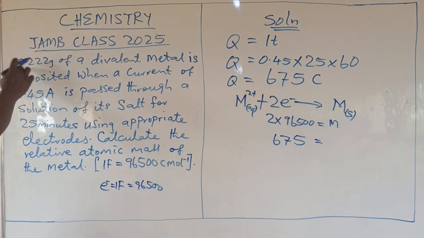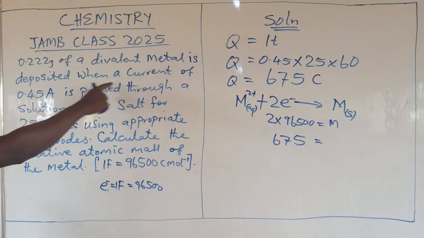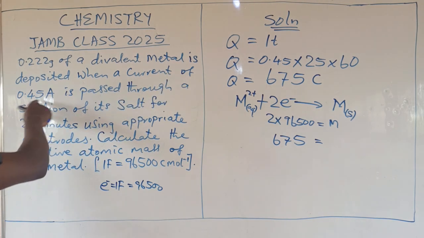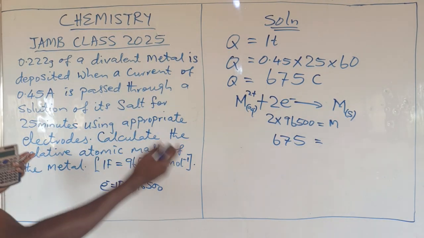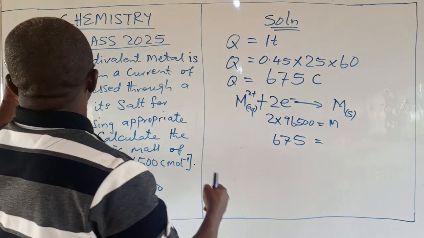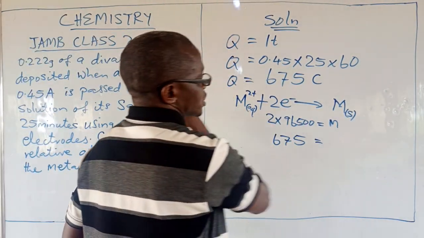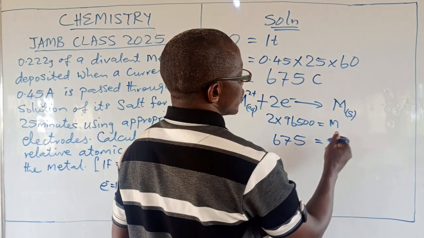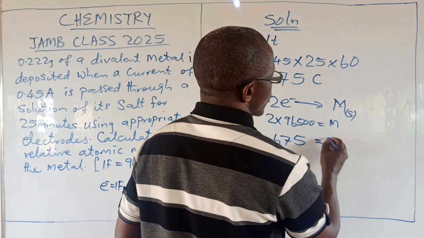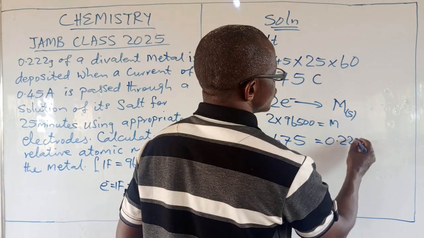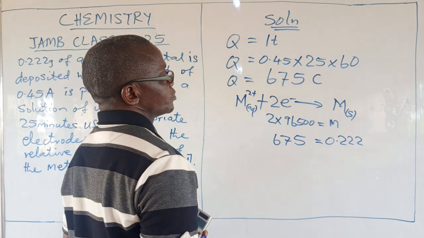Since they said 0.222 gram of a divalent metal is deposited when a current of this, we have seen all that. So this mass now is what is deposited with this coulomb of electricity. That is 0.222 gram.